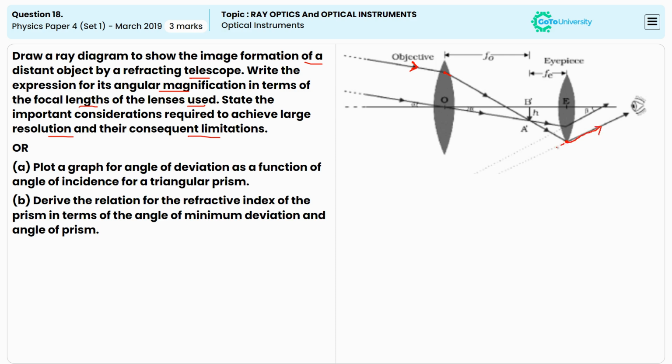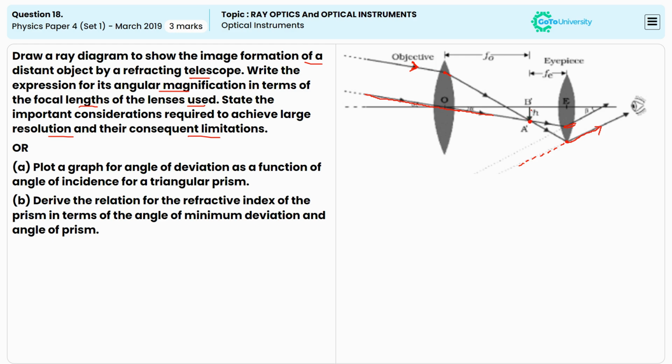And from the objective lens center, one more ray is passed in this direction and will move in this way, and where these two rays coincide, the image is formed.